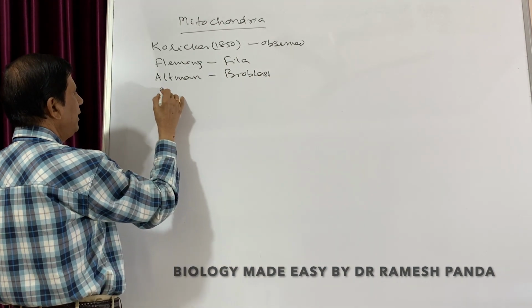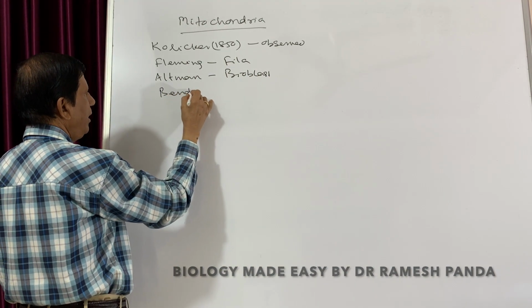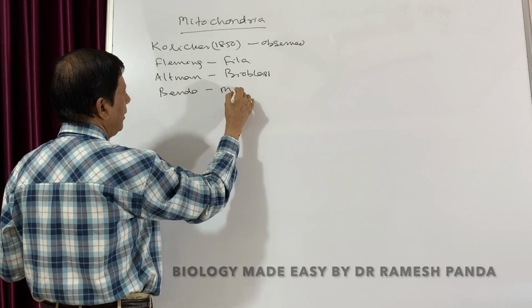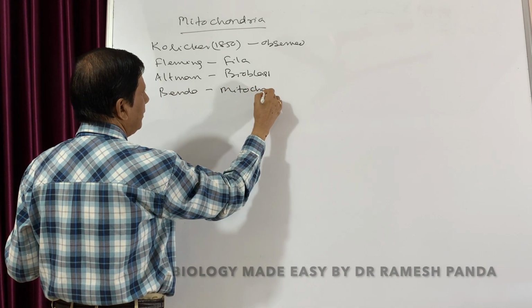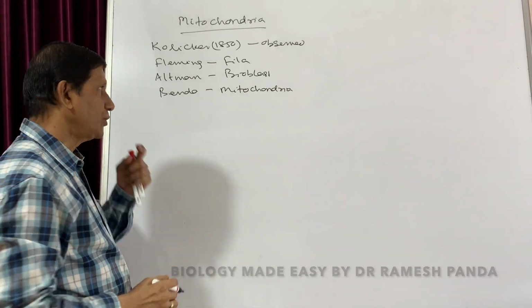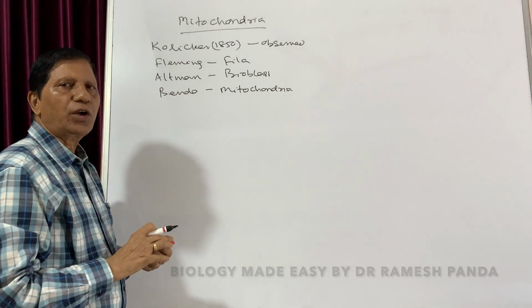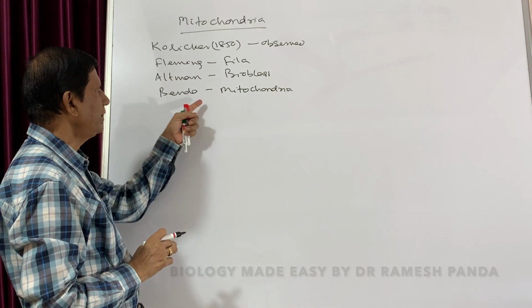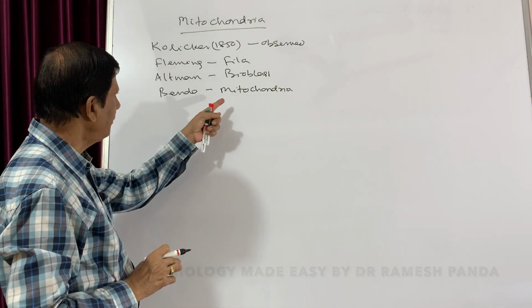Ultimately the name mitochondria was given by Benda, and that name is continuing. So Kolliker first observed them, and ultimately the name was given by Benda.